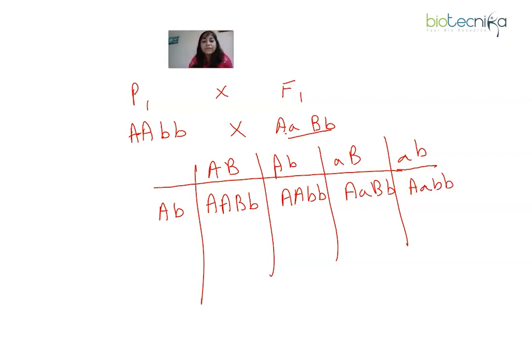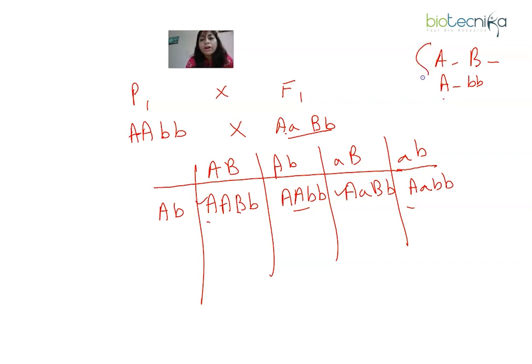Now if you see here, one dominant allele is present in each. The first one, capital A dash, capital B dash, that variety is present. Here also, this one also. What about this? Here capital A dash and small b, this variety is present in F2. The last one, capital A dash, small b, again the same.